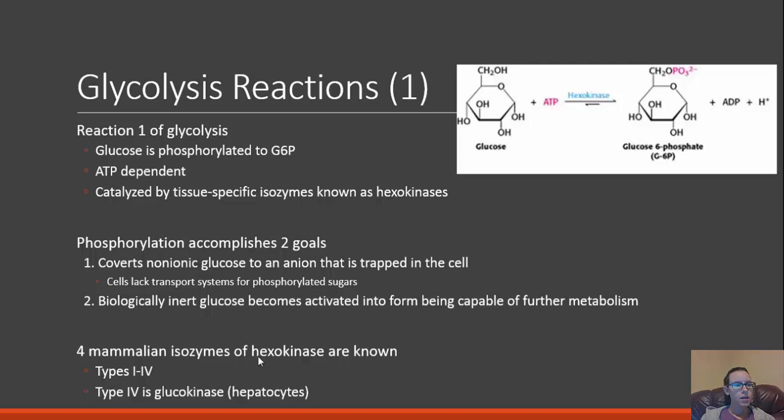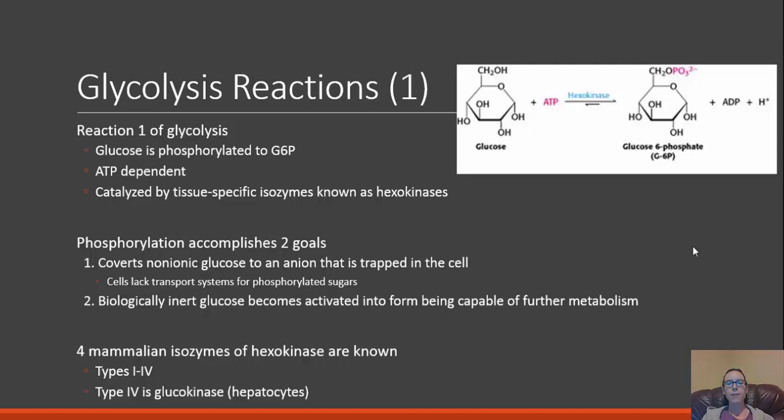Phosphorylation of glucose accomplishes 2 goals. First, it converts glucose to an anion that can no longer be transported out of the cell. It's trapped in the cell in order to undergo oxidation. Cells lack the transport systems to move phosphorylated sugars out of the cell.